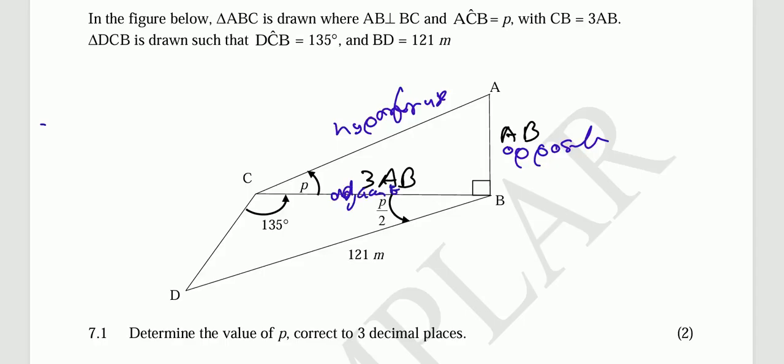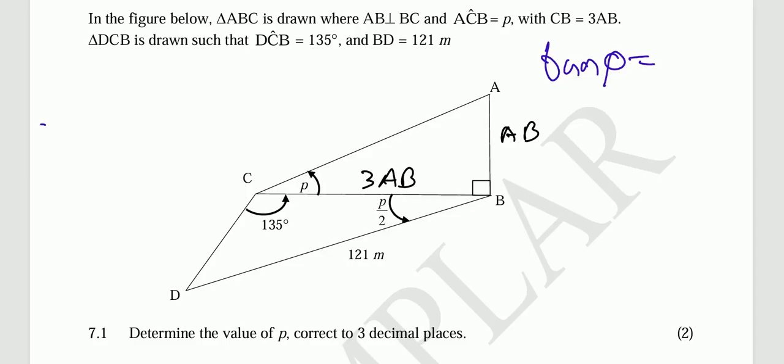So we can use a trig ratio that involves opposite and adjacent, which is tan. If we take tan of P, remember, if you encounter a right angled triangle, think of its properties and SOH CAH TOA. So it's the opposite, which is AB, over the adjacent, which is 3AB. Then AB cancels AB, and tan of P is 1 over 3.